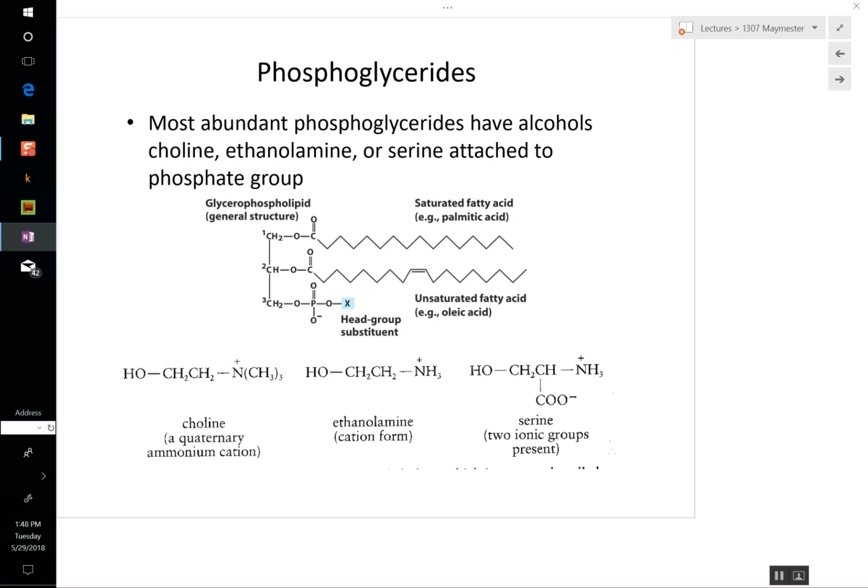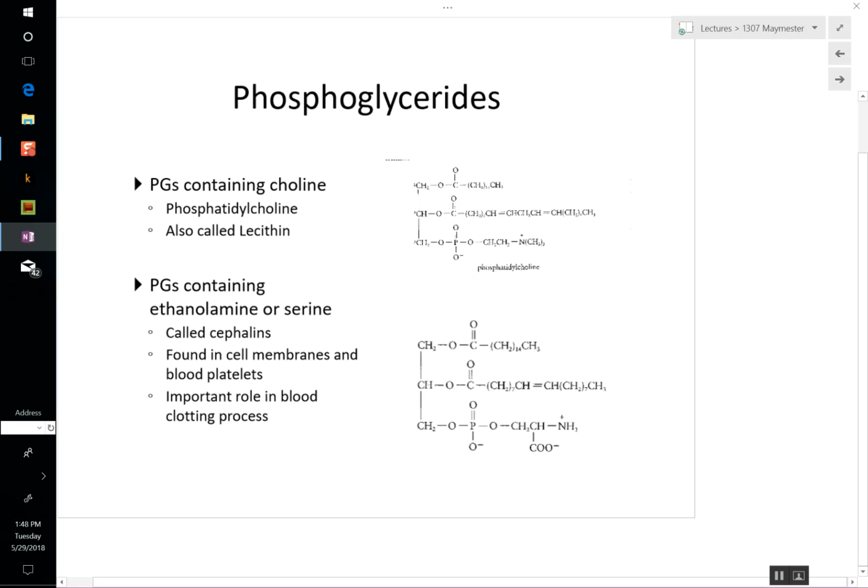So these amino acids are not just in proteins, they can pop up other places. All right, so they're using PG as the abbreviation for phosphoglyceride. PG containing choline is phosphatidylcholine, also called lecithin.